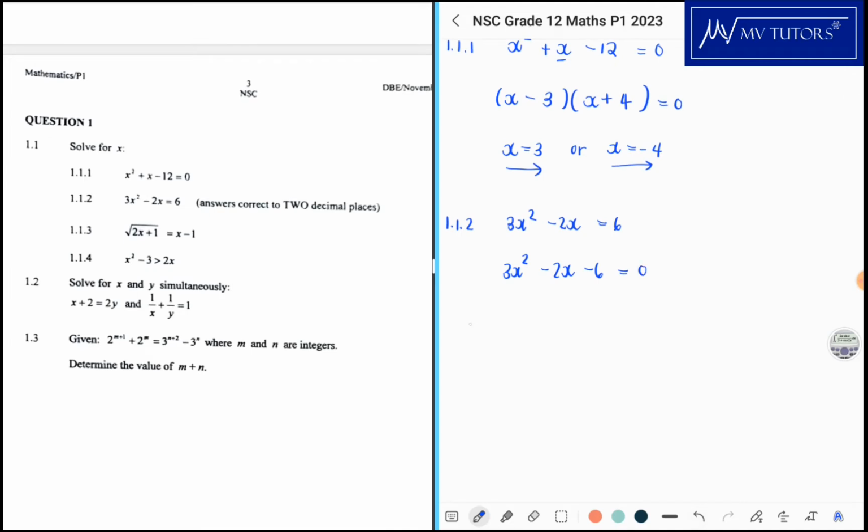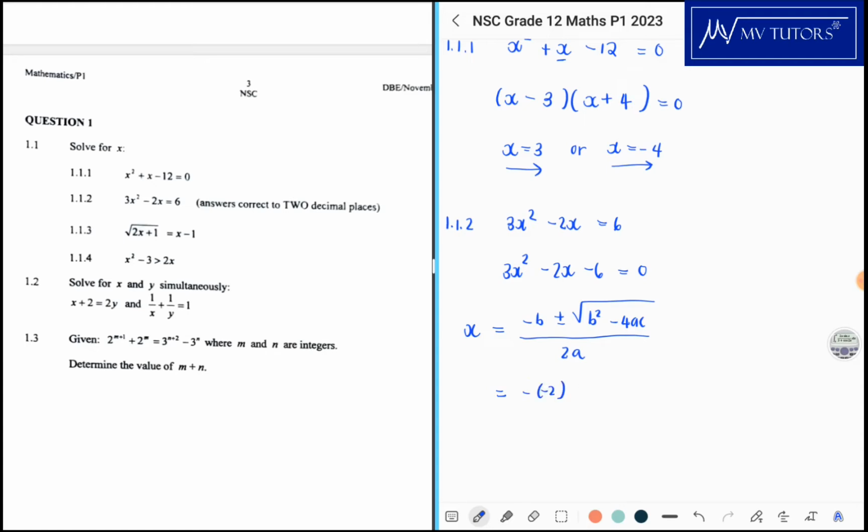The quadratic formula is not given in the formula sheet. Please make sure you know it. So we have x equals minus b plus or minus the square root of b squared minus 4ac, all divided by 2a.